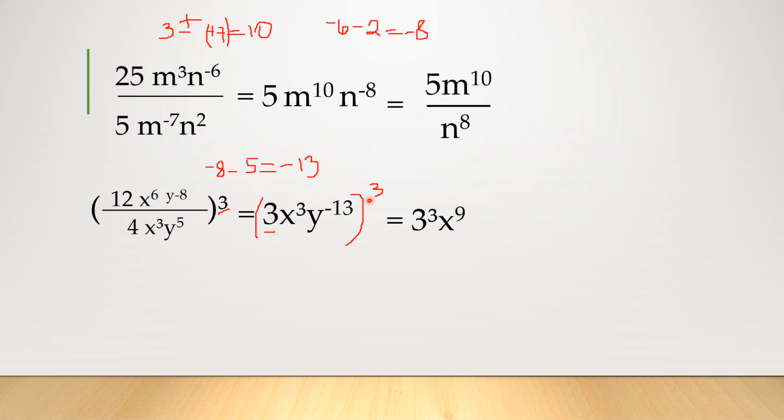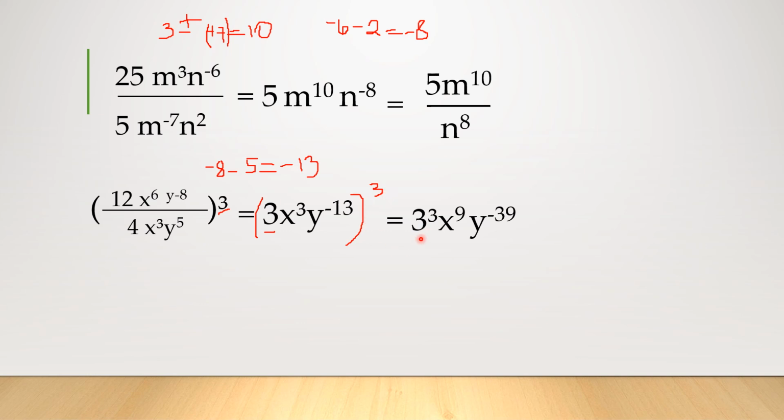Okay? Now, ang x naman, meron tayong 3 dito, na exponent, ibig sabihin 3 times 3, kaya maging x raised to the 9th power. At ito naman, y is equal to negative 13 raised to 3, means negative 13 times 3, that is equal to negative 39.